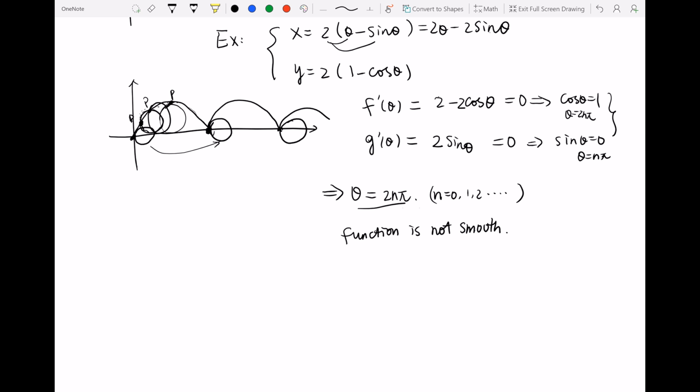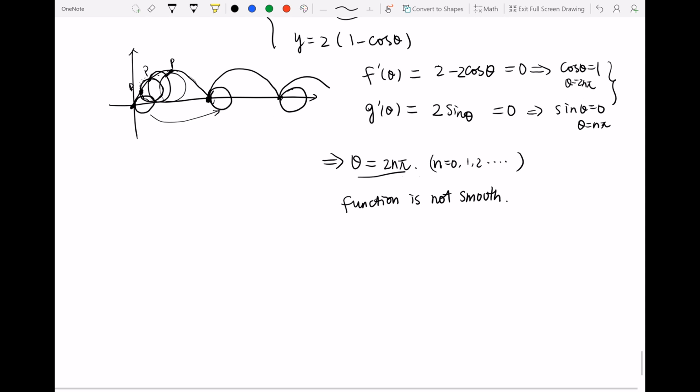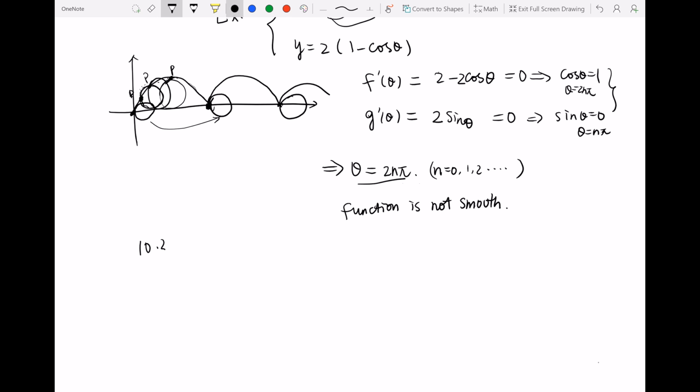If you use parametric equations, it's much simpler. Okay. Let's look at 10.3, which is parametric equations and calculus.